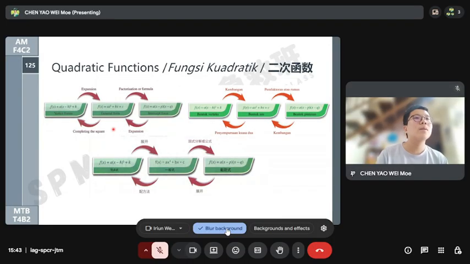Remember, when these two forms want to become general form, it is always expansion. When general form wants to become the other forms, the left-hand side is completing the square, the right-hand side is factorization.